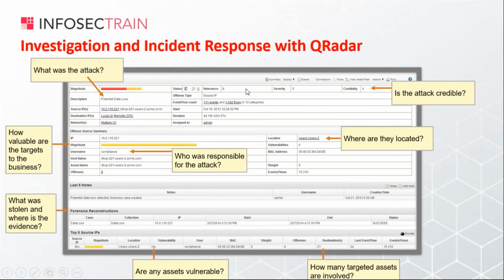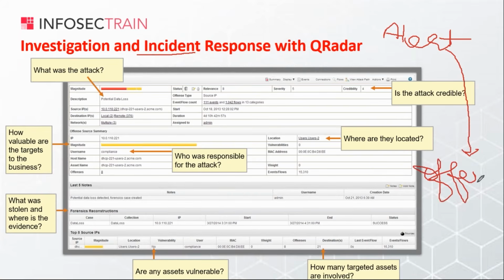Now, talking about investigation and incident response with QRadar. As I mentioned, it is more of a GUI, right? QRadar gives you a lot of details in one single window. First of all, for any alert, I will not say incident, but every alert, since an alert can also be a false positive, QRadar has a different name. IBM QRadar calls alerts offenses.